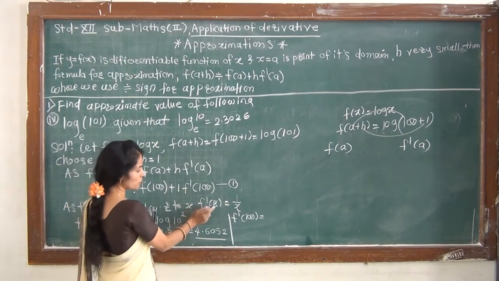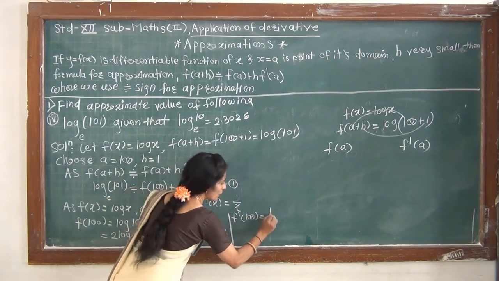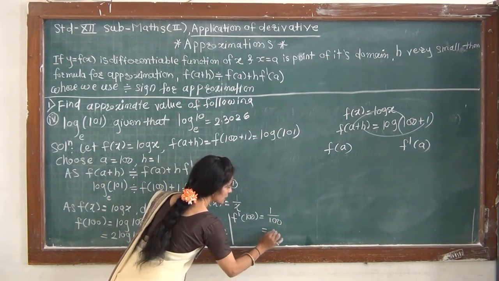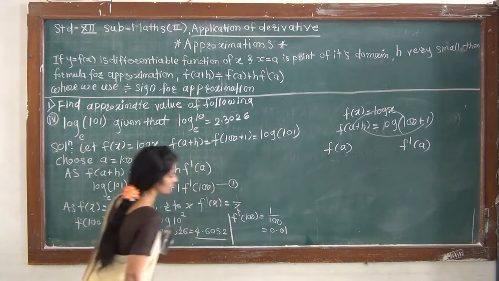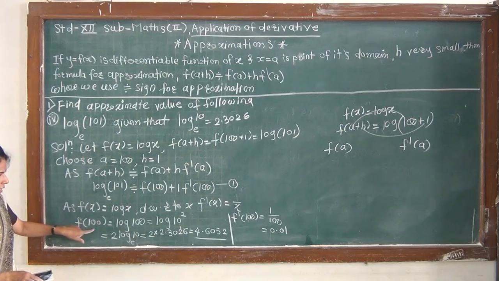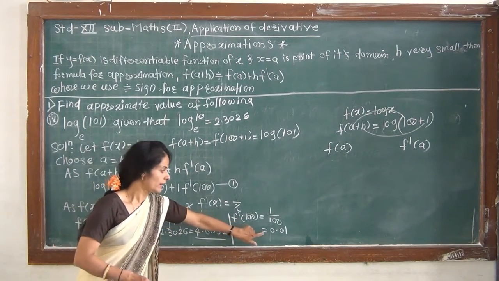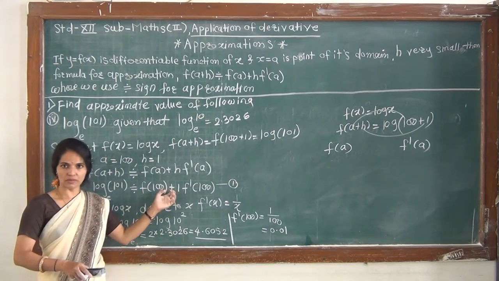Now similarly we have to find f dash of 100. So we put the value of x as 100 here. We get 1 divided by 100, which is 0.01. So we get the values of f of 100 and f dash of 100. And we have to replace these two values in the previous equation 1.